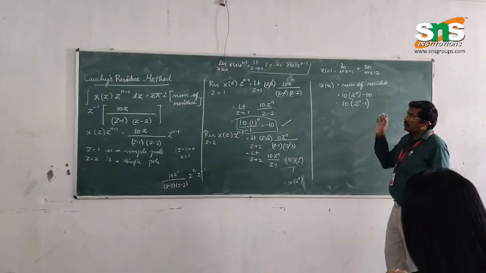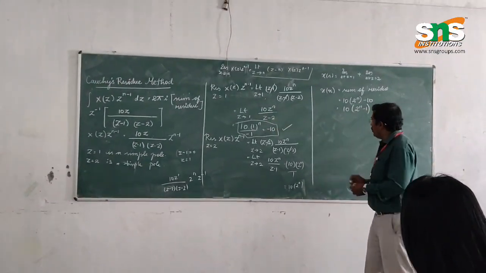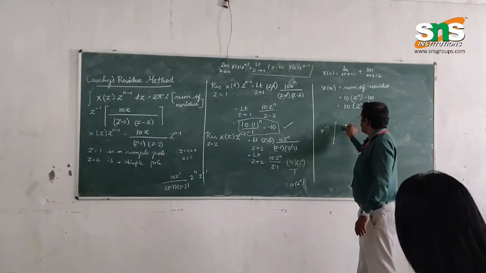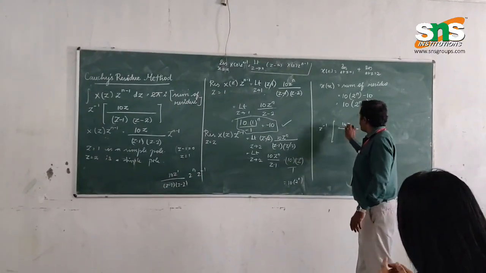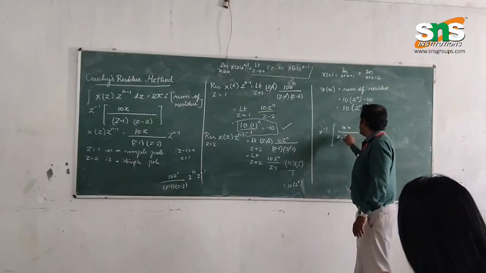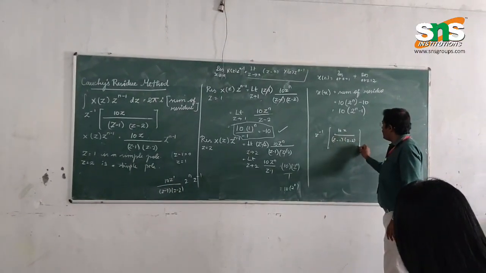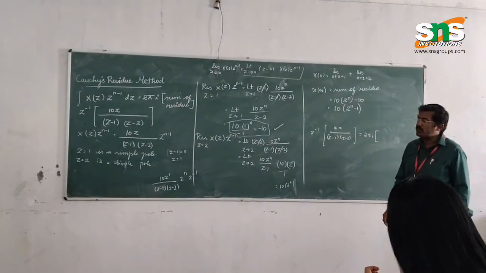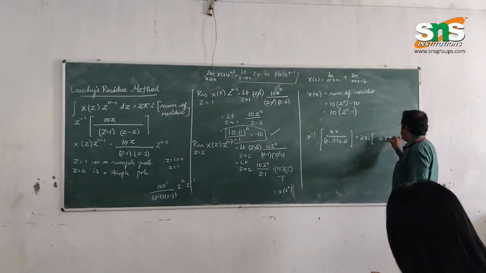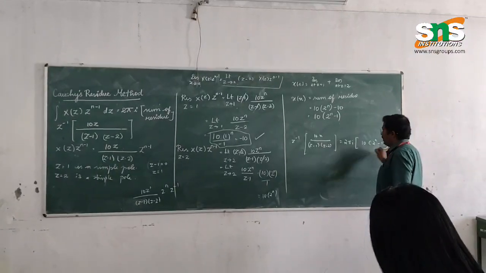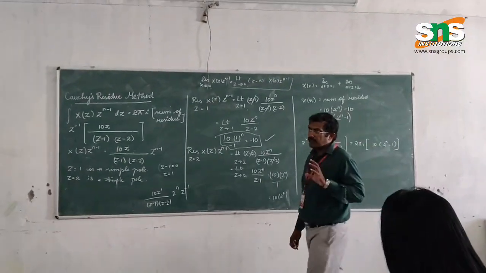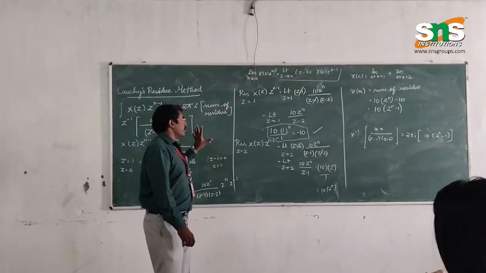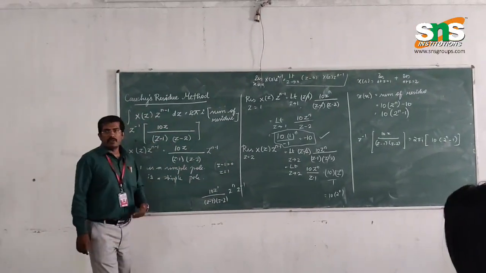So our question is the inverse of 10Z by (Z minus 1) into (Z minus 2), which can be written as 2 pi i into the sum of residues. The sum of residues is nothing but 10 into (2 power n minus 1) as the answer. So this is how you use Cauchy's residue method to find the inverse Z-transform.